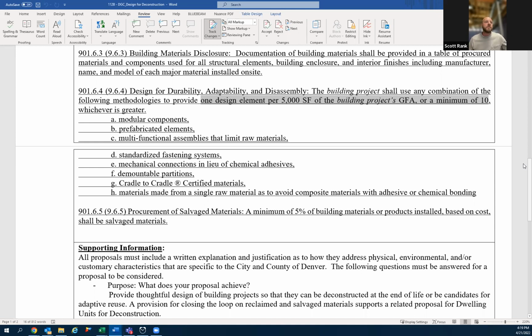Prefabricated is advantageous for a lot of reasons, but once everything is assembled on site, a lot of times it's not that different than if it were built on site once it's all put together. So I'm wondering if they had any data or case studies that showed that these items A through H actually translated to easier disassembly.